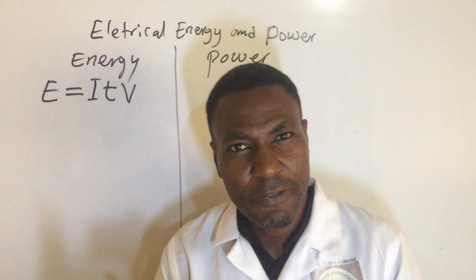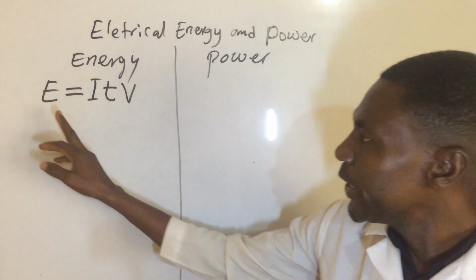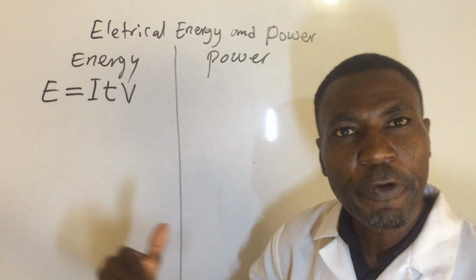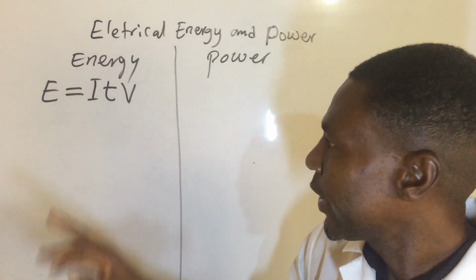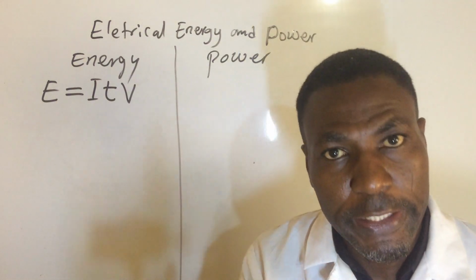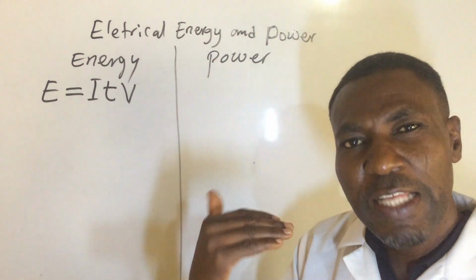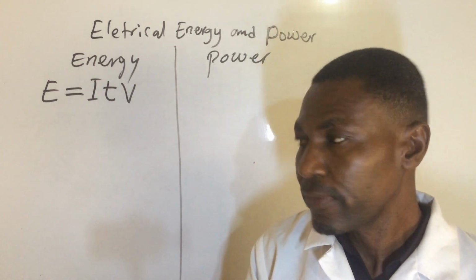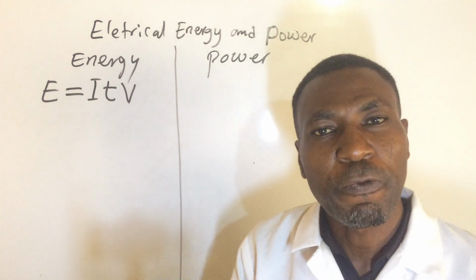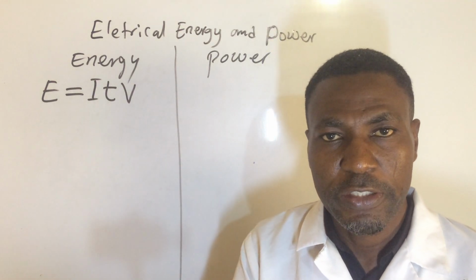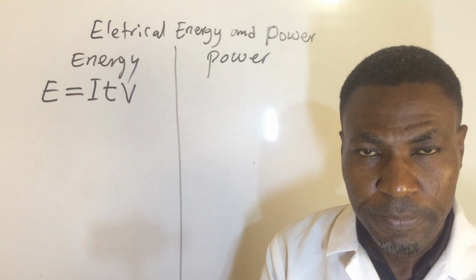So let me explain this formula. E stands for electrical energy. I stands for current, electrical current. T stands for time, and V stands for potential difference, that is voltage, okay?